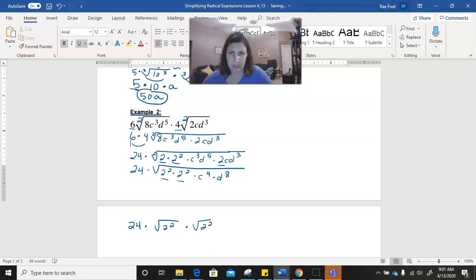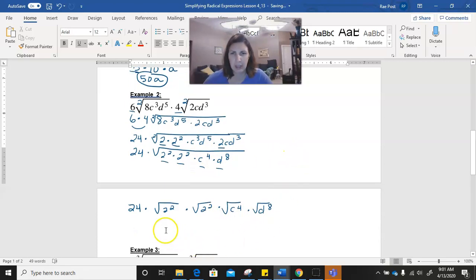I have this one, and then I also have a square root of c to the 4th, and I have another one with a d to the 8th. Remember, this is just a regular square root, so I'm trying to get everything into powers of 2. So hopefully you guys can go ahead and break that down. So you have 24 times, this is a power 2, so that becomes a 2.